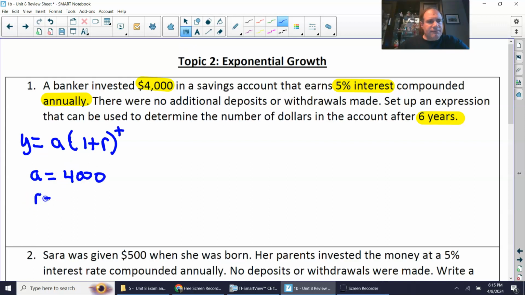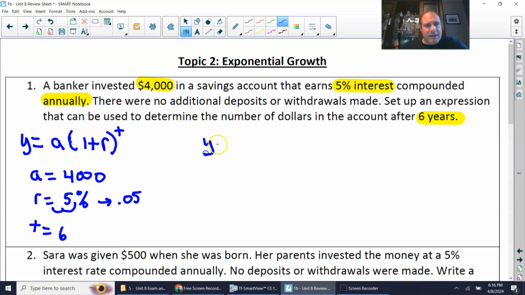The R is 5%, but you have to change that R to a decimal. It's 0.05. You move that decimal over 2 places to the left, and you get that 0.05. And then the T that they want you to identify what this investment grows to is 6 years.